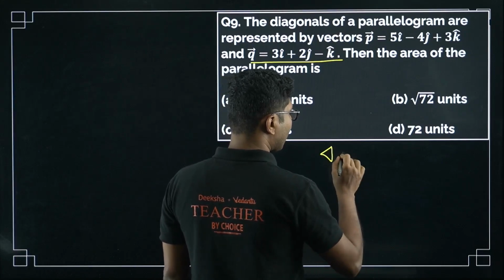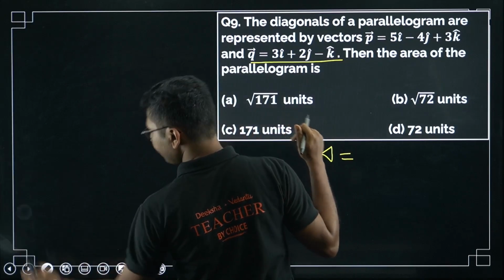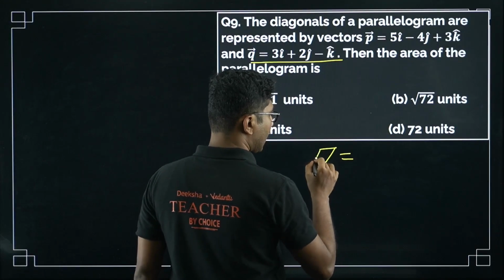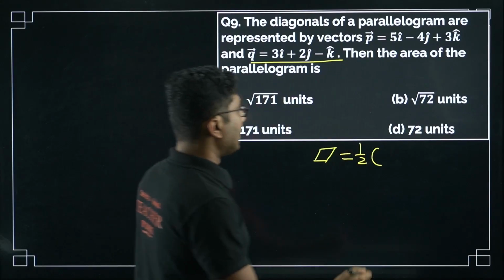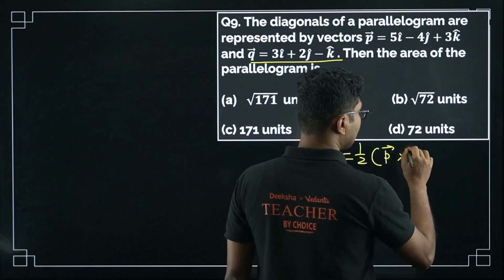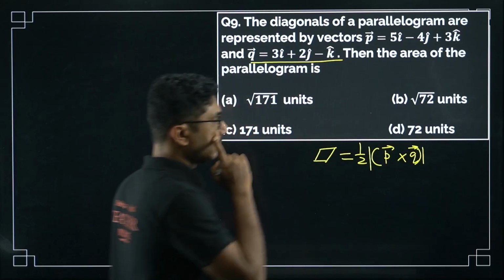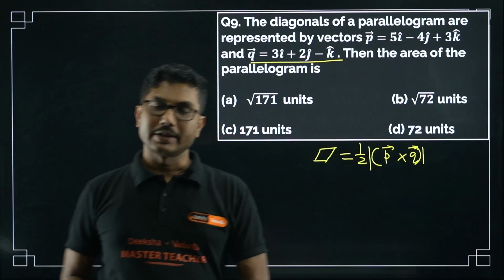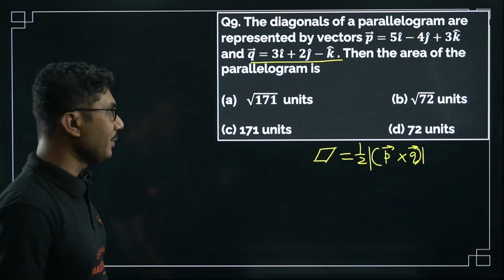This is not a triangle, this is a parallelogram, so let me use the proper symbol. Area of a parallelogram will be half into the modulus of the vector product of the diagonals. So first you have to find the cross product of P and Q, and then take the modulus of that to find the area of the parallelogram.